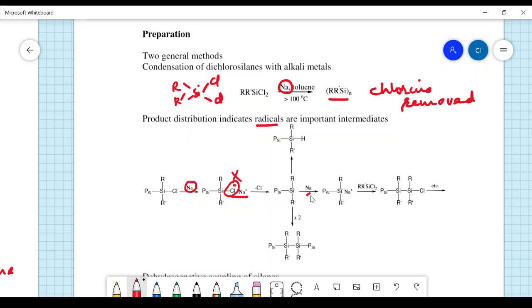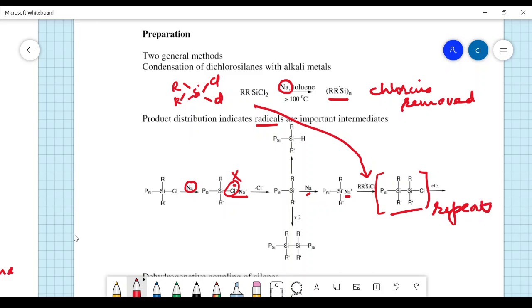Then further you put sodium, you get another salt, then you add one more molecule of this one there, and you get a polymer like this. So this unit is one polymer already, but you can repeat it.